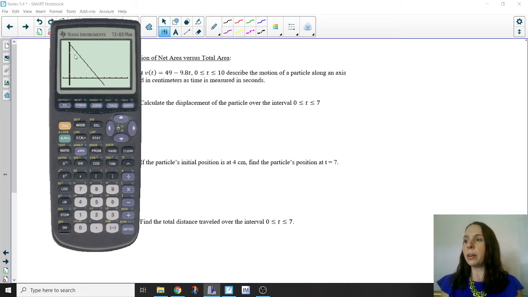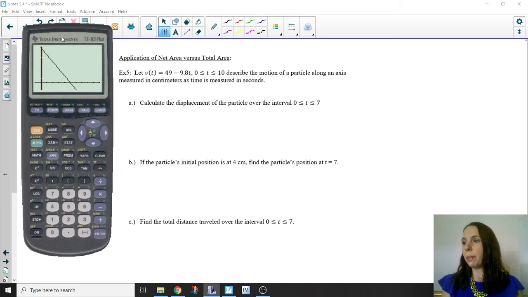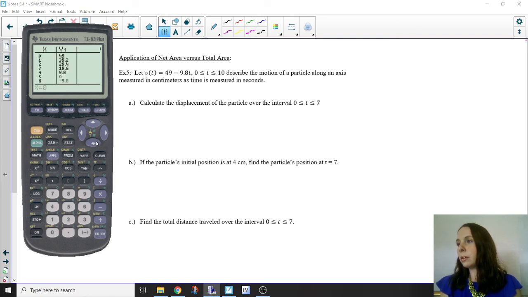Okay, this is what we're dealing with, and what we're trying to do is use areas over these intervals. My y min needs to be a little bit better. Yeah, let's make it -50 as well. Go by tens.